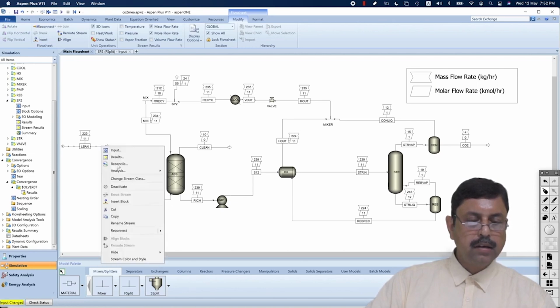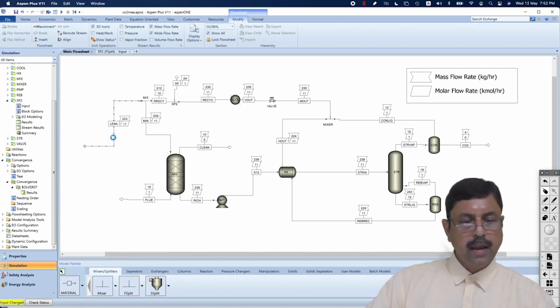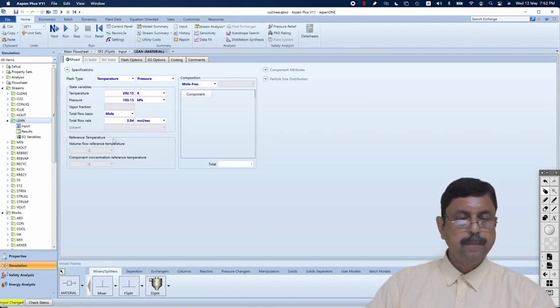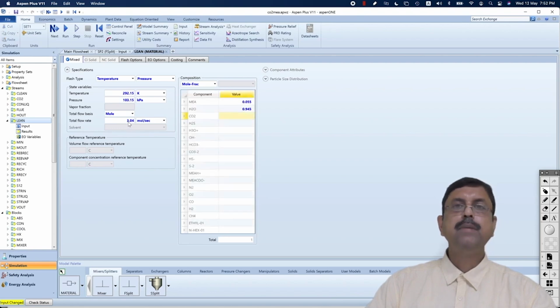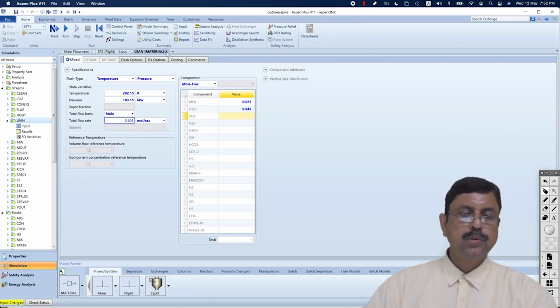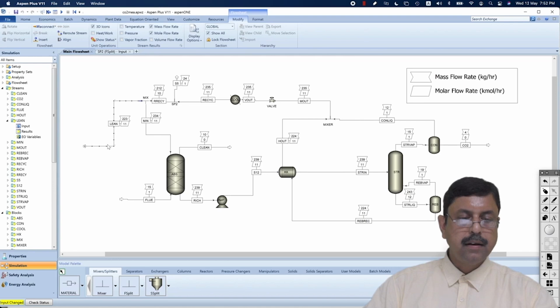And we can reconnect, and we can change its value. So instead of 3.04, we can give 10%, so it is 0.304. In that case, we do not have to use any splitter. Directly we can enter this lean amine to the mixer, which will get mixed with the 90% of this recycle. 10% anyway, it is going out as a waste.